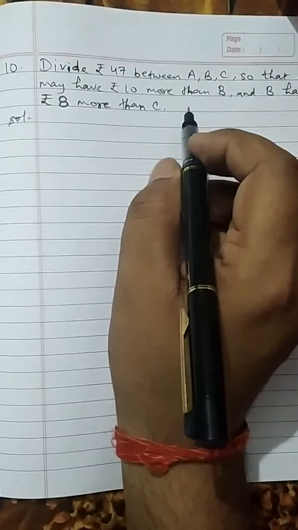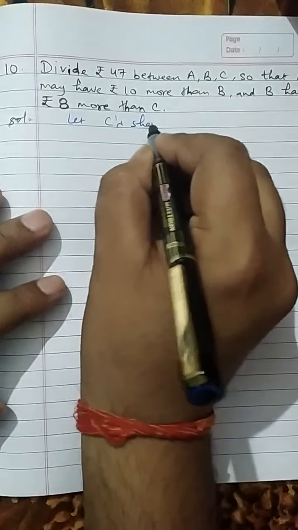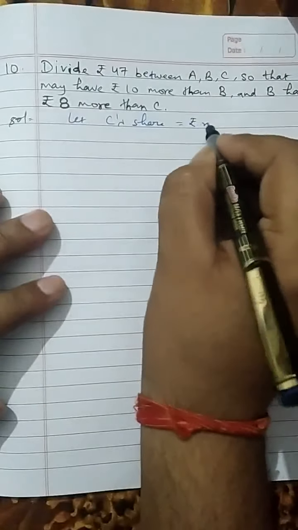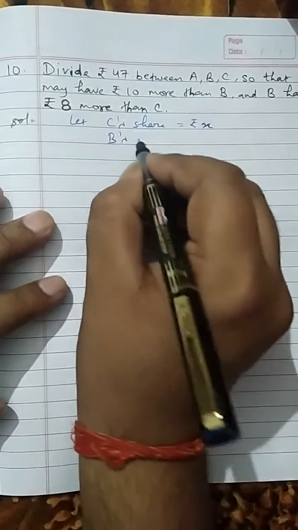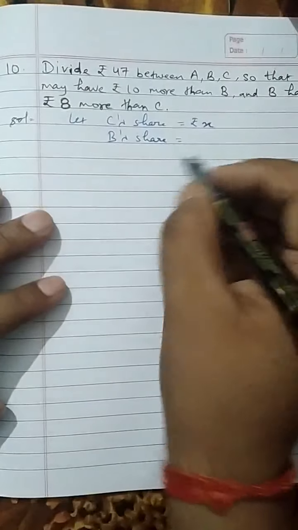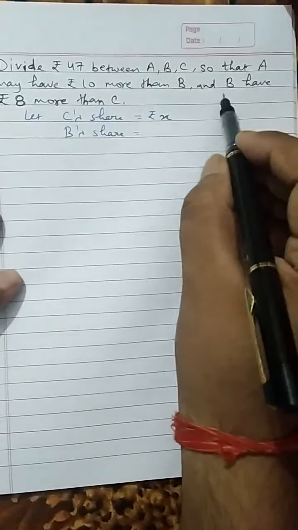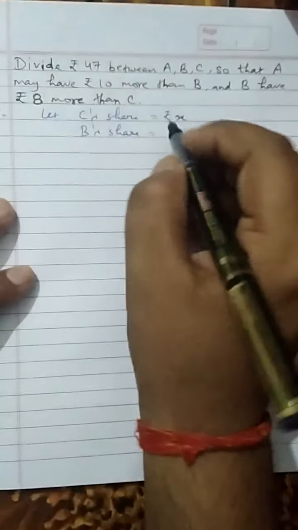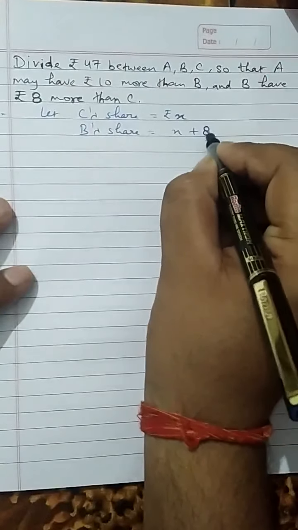So we'll take, let C's share be rupees x. B's share: here it is given that B has 8 more than C. So 8 will be added on C's share. So x plus 8 is B's share.